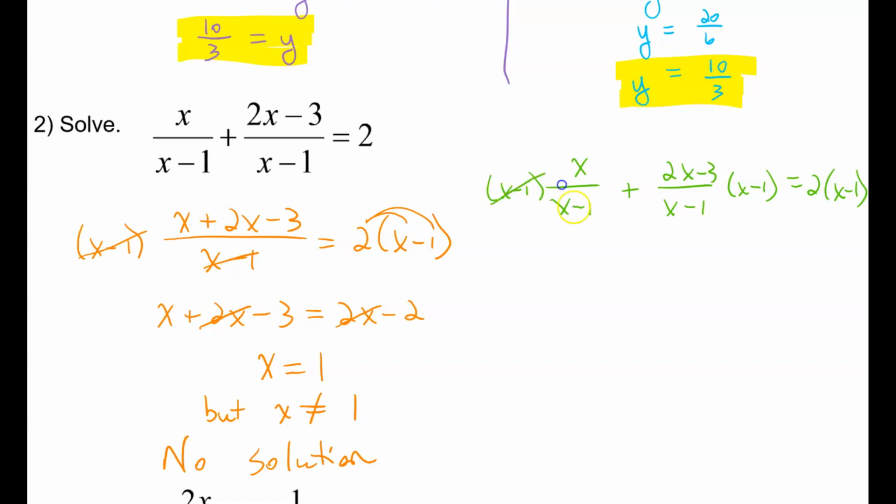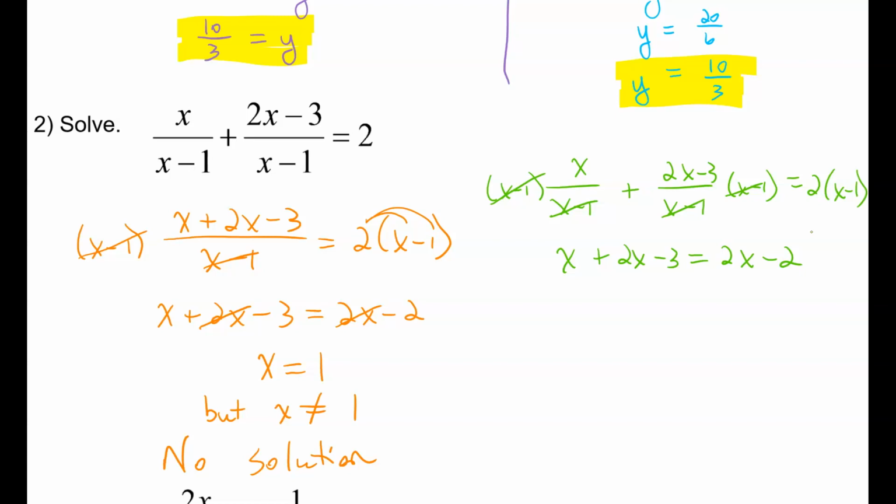This would clear, I would have x, this would clear, I would have plus 2x minus 3 equals, the other side would be 2x minus 2. Do we end up getting the exact same thing?